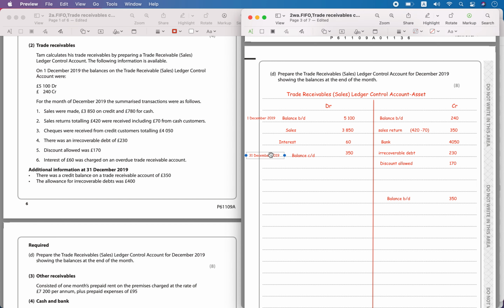If this was on 31st December 2019, then this is the balance on 1st Jan 2020.